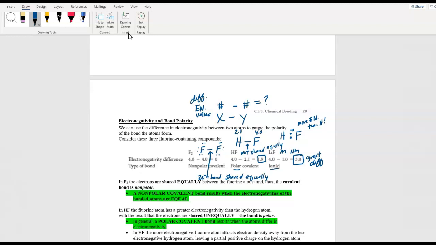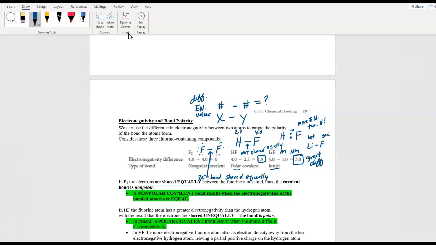So the bond between them, that Li and that F, there's very little sharing happening. What happens is fluorine pretty much has almost all control, but they did make a bond between them. So it's not about unequal and equal sharing. Fluorine pretty much took control a long time ago, because remember, this is called lost electrons and gained an electron.